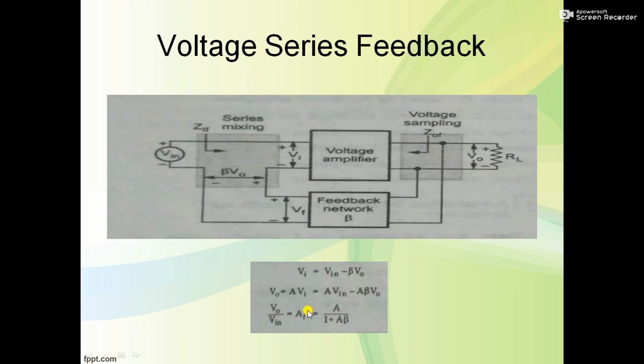AF is the voltage gain with the feedback, and this is given finally by A divided by 1 plus A into beta. With the help of this equation we can get how much amplification is done, and it also shows the performance of the amplification in this voltage series feedback circuit. So A divided by 1 plus A into beta is the voltage gain of this circuit with the feedback network.